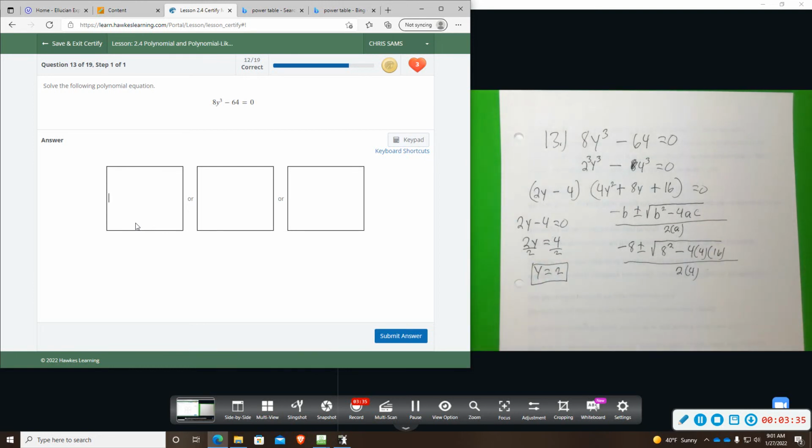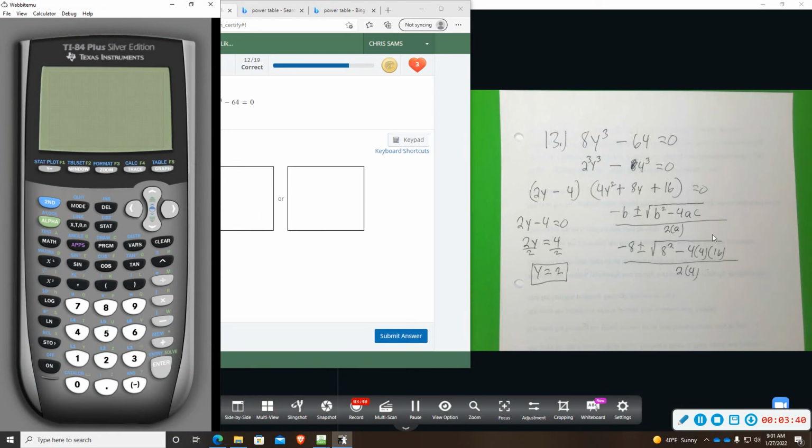Alright, so I'm going to let the calculator compute all this in one swoop for me. I'm not putting in the square root, I'm just evaluating the numbers under the square root. Turn it on, second, quit, go back to my home screen. I can clear all that out. I'm going to type in 8 squared minus 4 times 4 times 16.